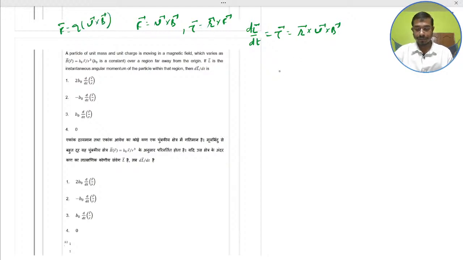So this would be what? R cross V cross B means a vector triple product.